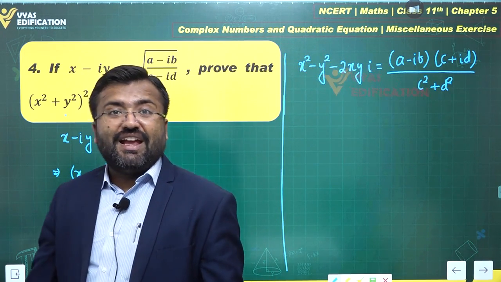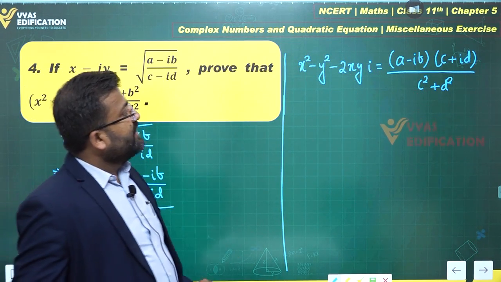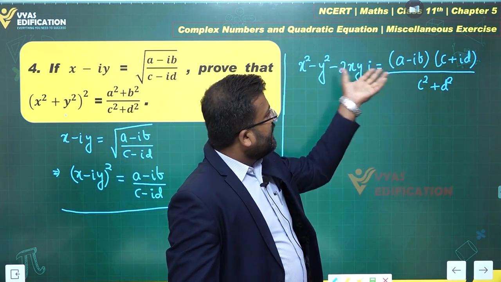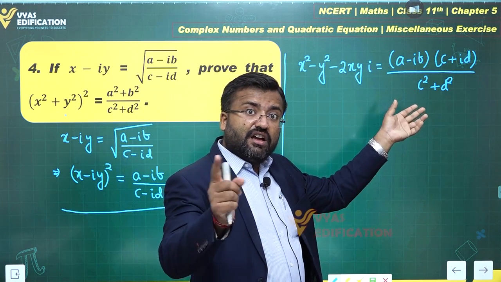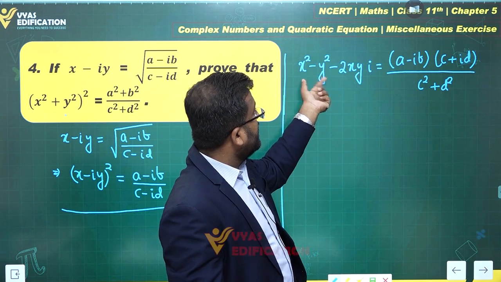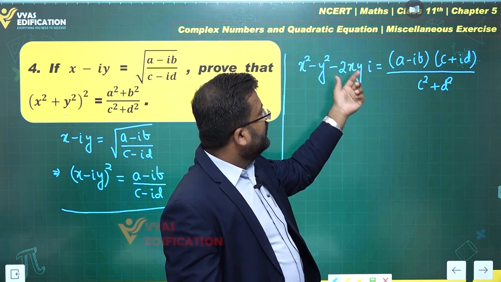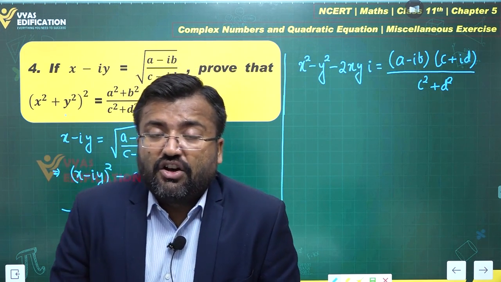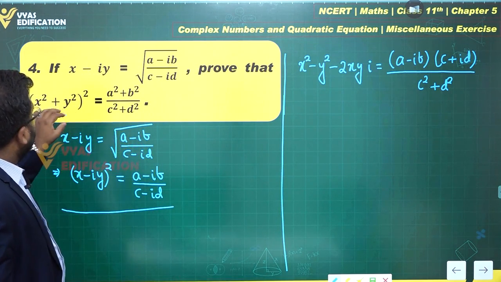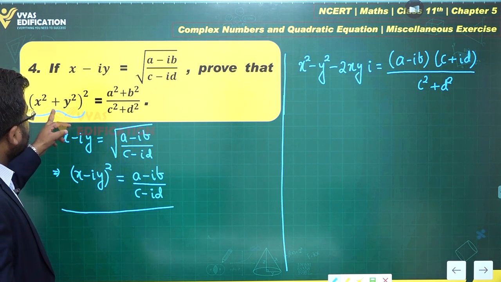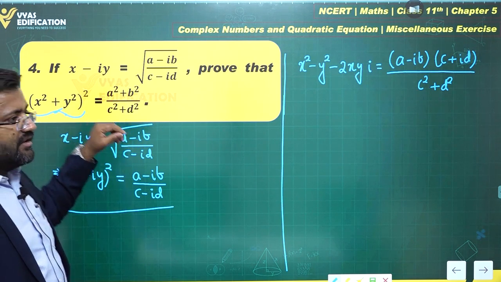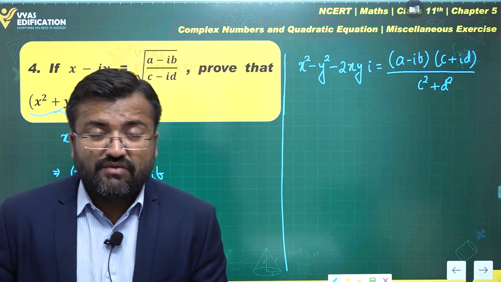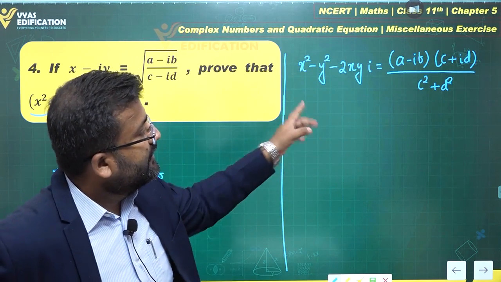Okay, multiply the terms on the RHS, simplify them and compare the real parts. First compare the real parts together. Real parts, x square minus y square would be equal to something, 2xy would be equal to something. And on the basis of that, try to find this expression. Now what is this expression? This is (x square plus y square) whole square. So first we'll have to find x square plus y square with the help of that.